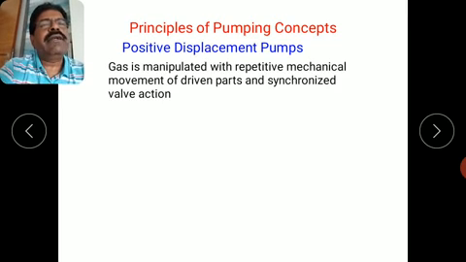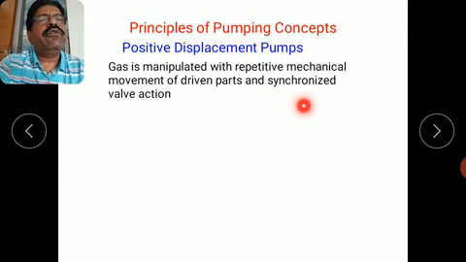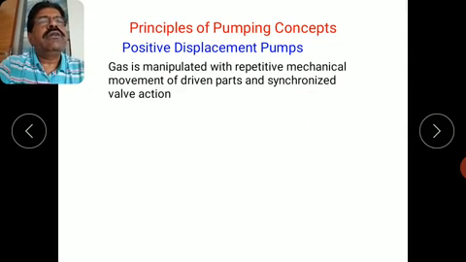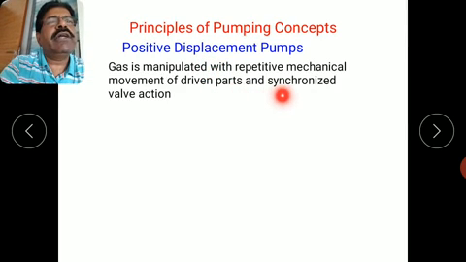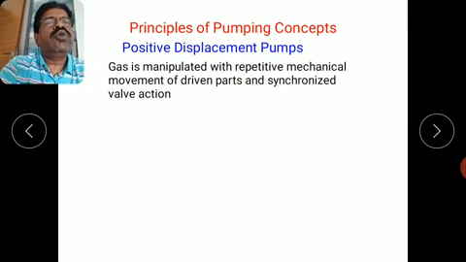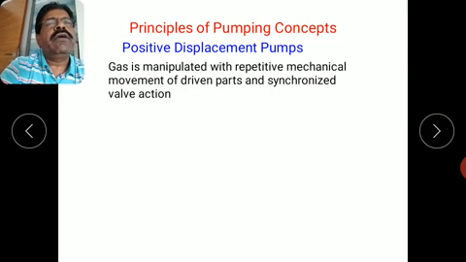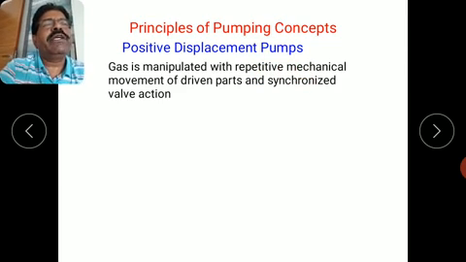Some parts are mechanically driven and they are capturing the gas molecules and forcing them towards the discharge point. So positive displacement itself means that from the chamber where you want to create the vacuum, the gas molecules are forced to move towards the discharge point in order to open the valve. So this is only one direction, therefore the word positive displacement is used here.